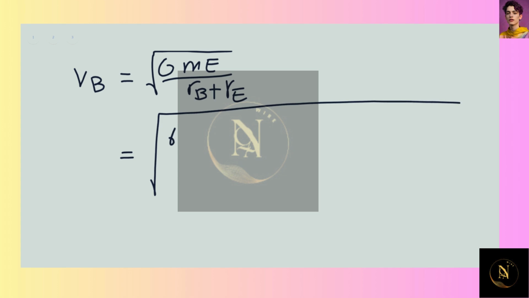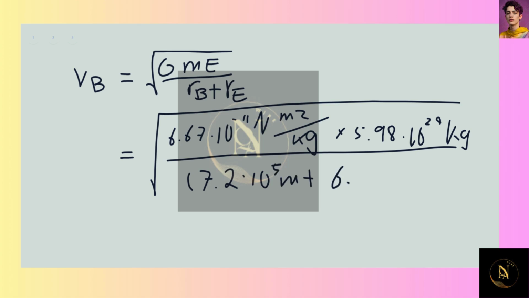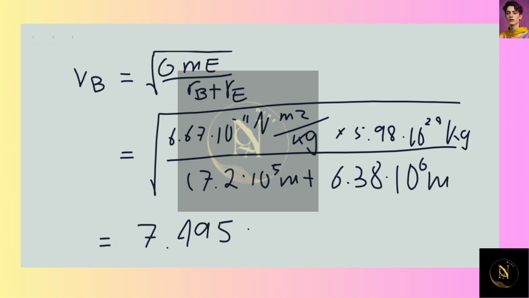The only difference is our radius: 6.67 times 10 to the negative 11 newtons meters squared over kilograms squared, times 5.98 times 10 to the 24 kilograms, our mass of the Earth, and all over our given radius, in meters, not kilometers, plus our Earth's radius. And that is going to give us a velocity of 7.495 times 10 cubed meters per second. And that's the answer to our second part of the problem.